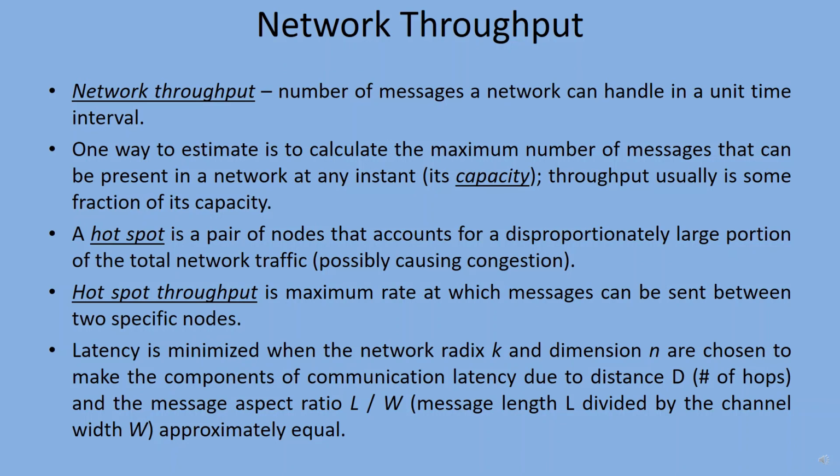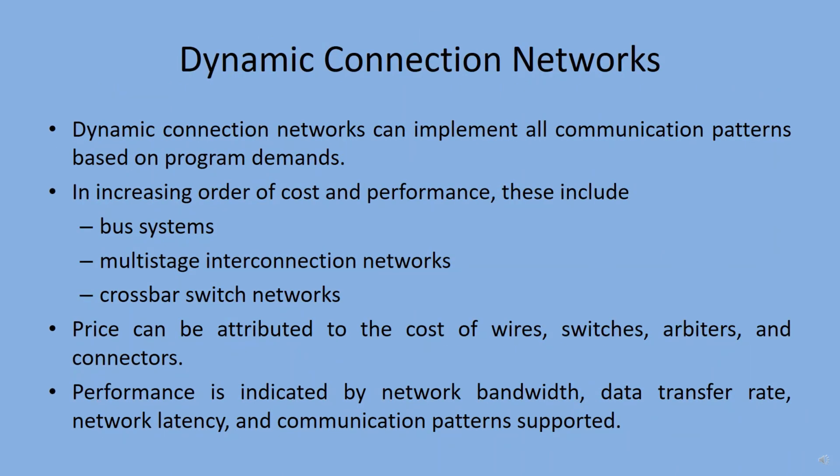Latency is minimized when the network radix K and dimension n are chosen to make the components of communication latency due to distance d and the message aspect ratio L by W approximately equal. Dynamic interconnection networks enable changing of the connection structure in a system.